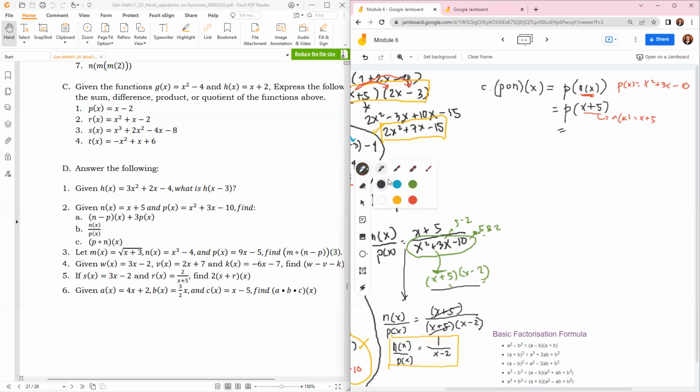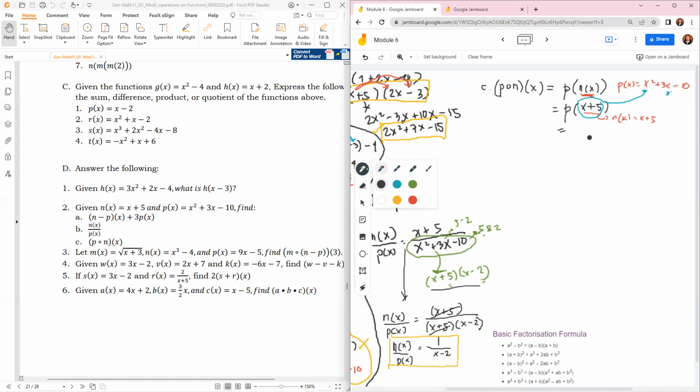Okay. What does this mean? It means that this whole expression, x plus 5, is substituted for all the x's in P. Okay, we substitute it here and here.